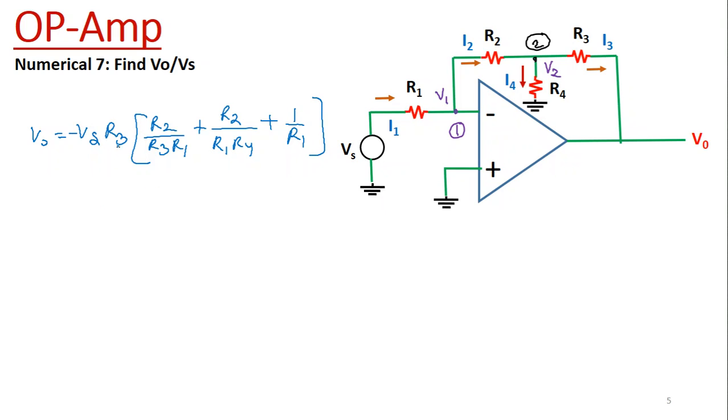Now we multiply this R3 into the bracket. So we get V0 is equal to minus of Vs into this R3, and R3 gets canceled out and we get R2 by R1 here. And again plus R2 into R3 divided by R1 R4, plus R3 by R1 we will get.